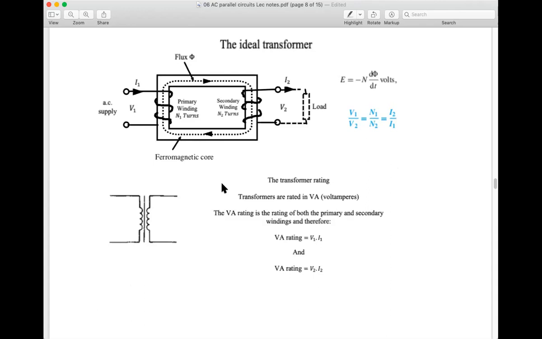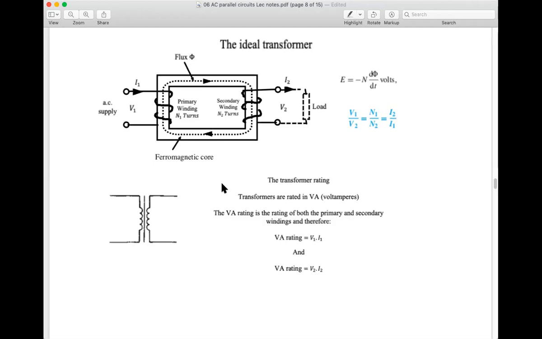Okay. Ideal transformer. So the principle of the ideal transformer is considering this completely lossless, which is not true for a real transformer, but we may get onto that at another date.